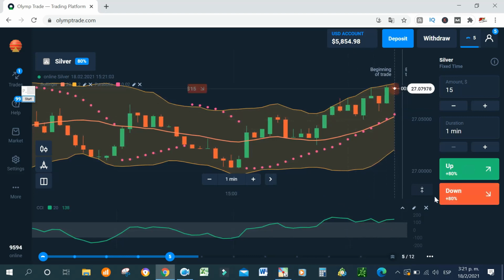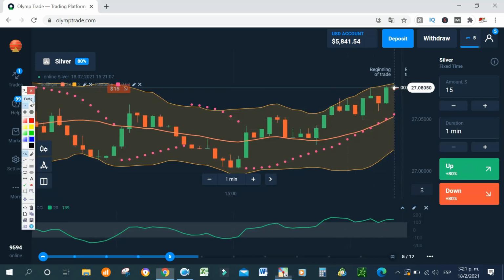All right, here we go. Well, to be honest, this is a little bit risky because this kind of candlestick shows strength for the buyers. Even though we haven't closed above the high, it's a little bit risky.